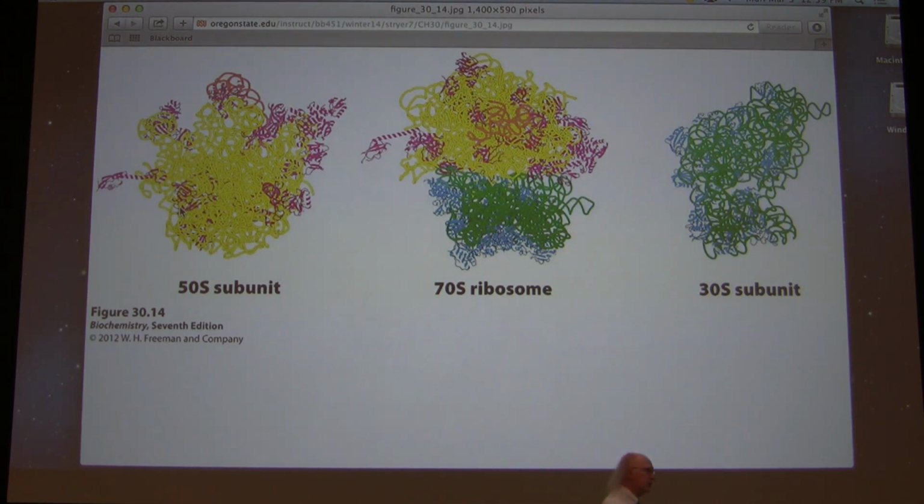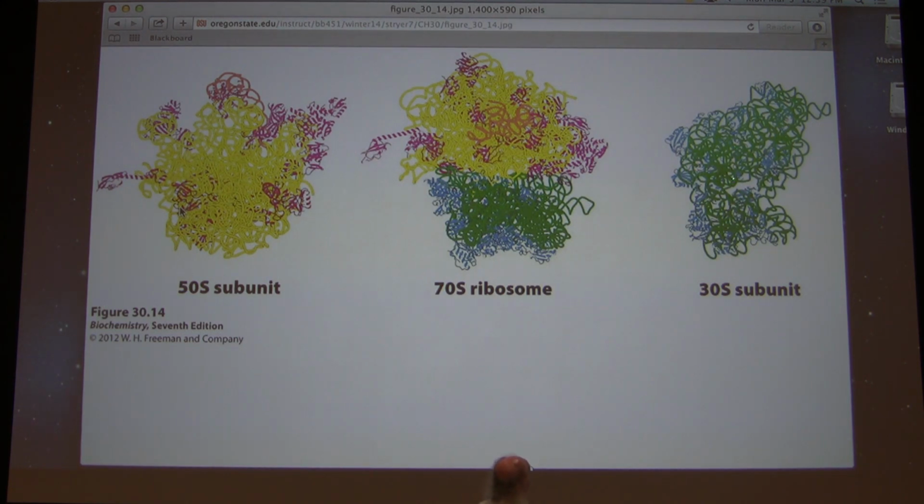And I've told you that there's about 50 proteins, and there's 3 different ribosomal RNAs that are found in the total overall complex. Okay? In the 50S subunit, the yellow is ribosomal RNA. Ribosomal RNA is a big honking part of that ribosome.